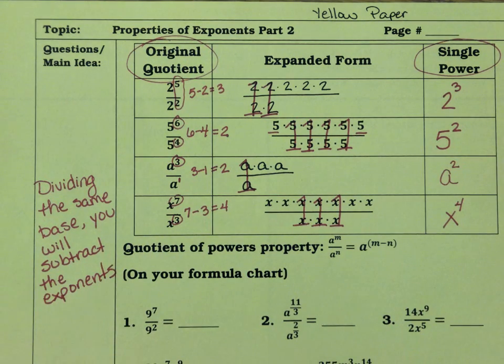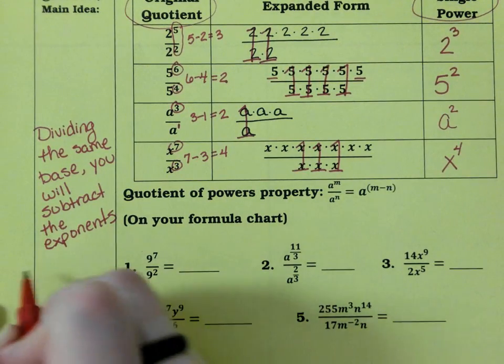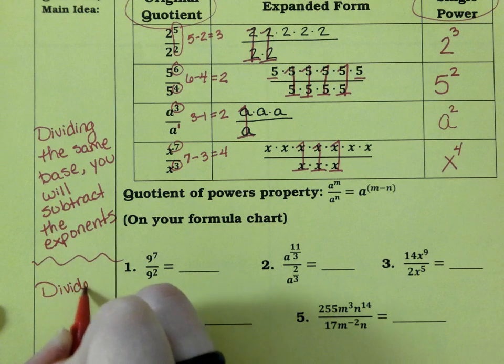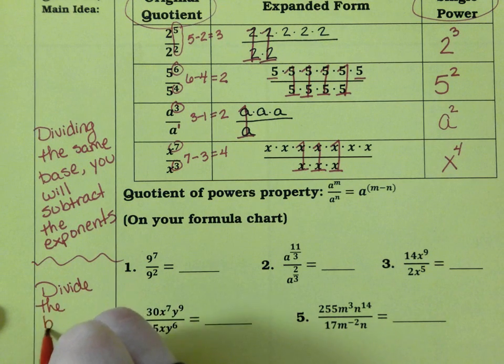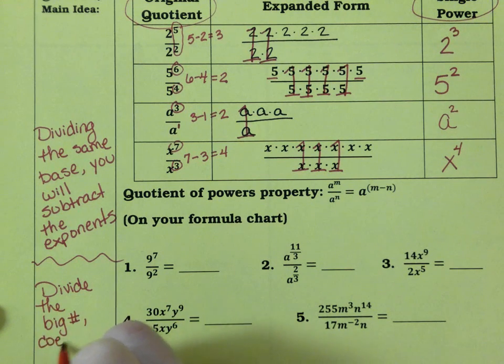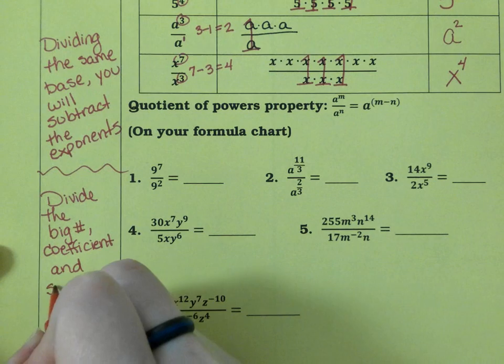Okay? Put a different way, you would divide the big number, which is your coefficient, and subtract the little number, your exponent.